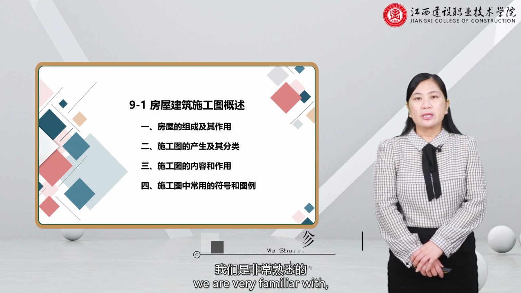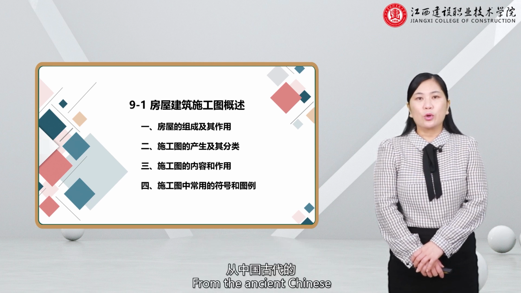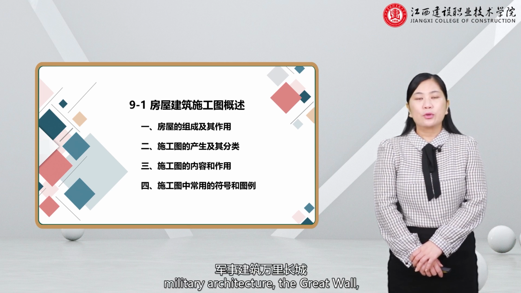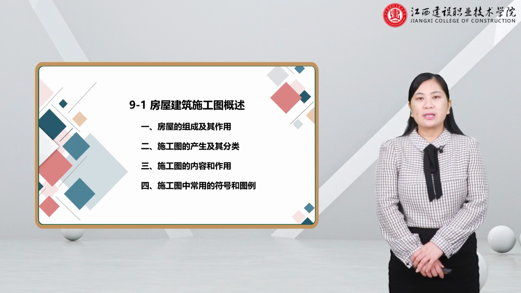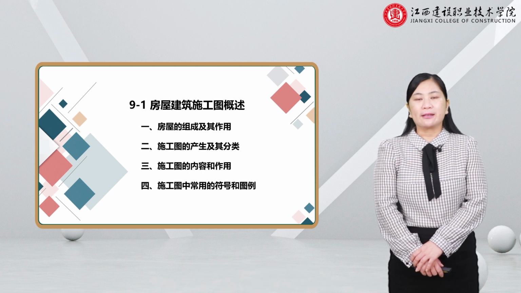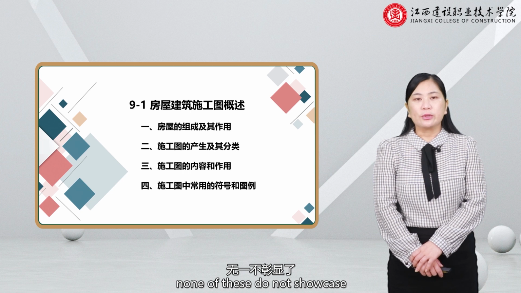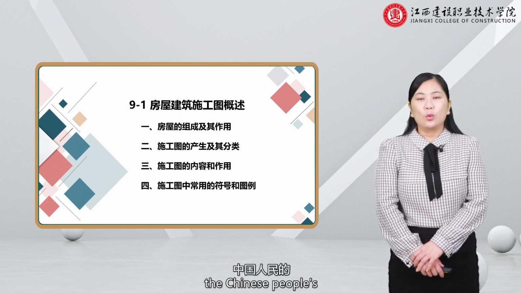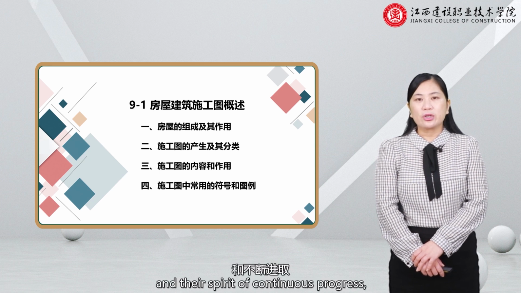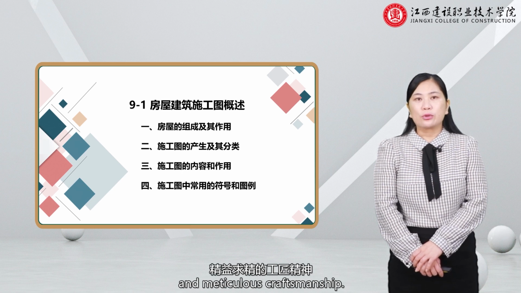Buildings we are very familiar with have always been around us. From the ancient Chinese military architecture, the Great Wall, to the modern China's tallest skyscraper, the Shanghai Tower, with a height of 632 meters, all showcase the Chinese people's architectural wisdom and their spirit of continuous progress and meticulous craftsmanship.